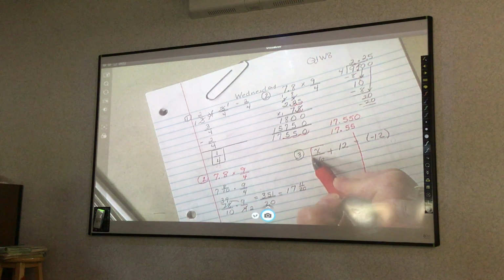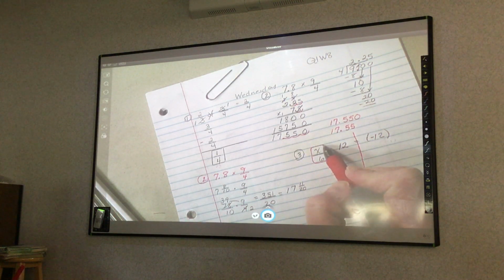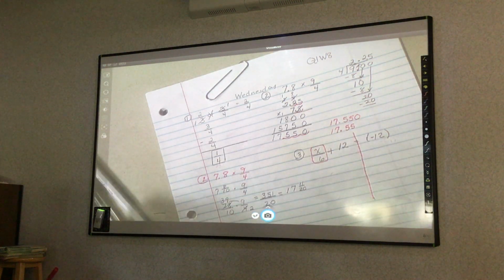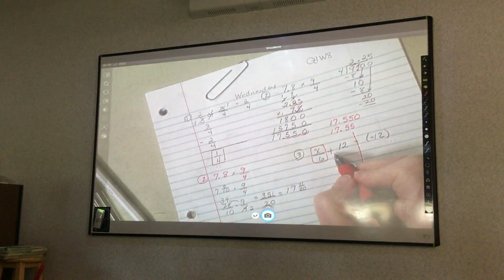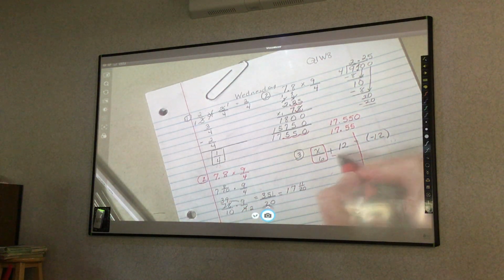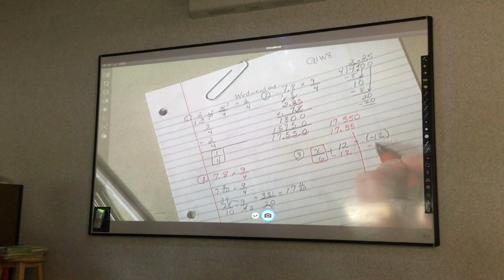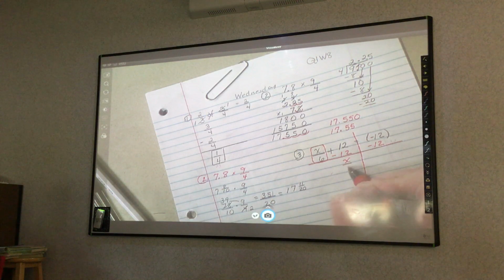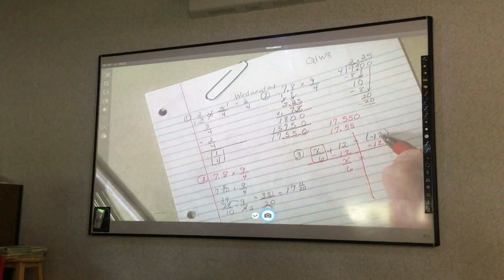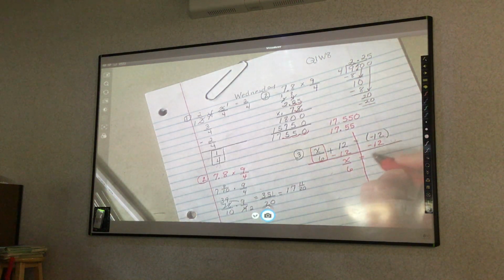So we're going to keep the x divided by 6 by itself. Then we're going to do the additive inverse. So instead of adding 12, we are going to subtract 12 on both sides. So we're left with x divided by 6 equals a negative 12 and a negative 12, which makes a negative 24.